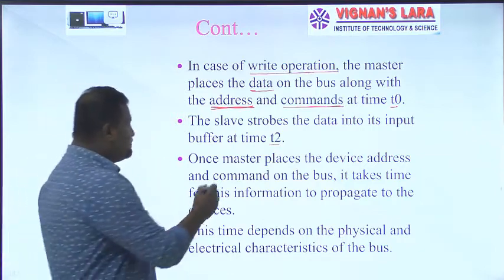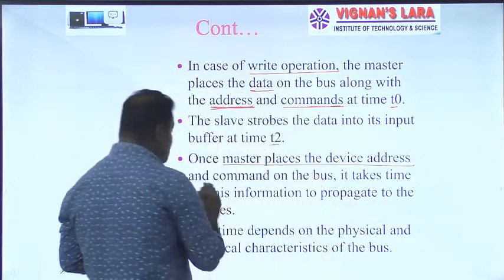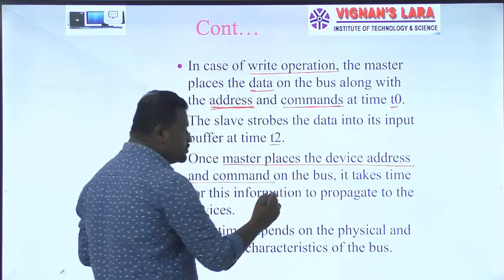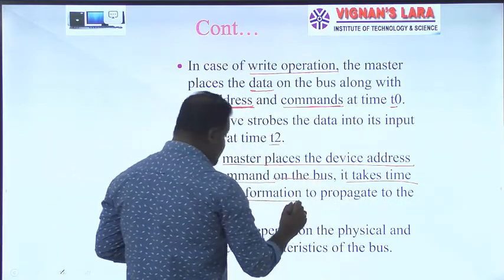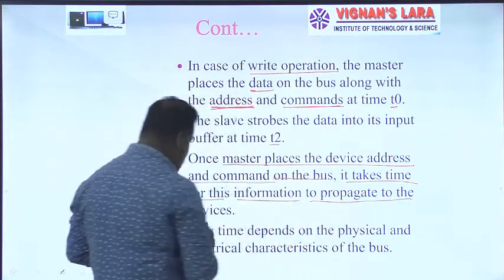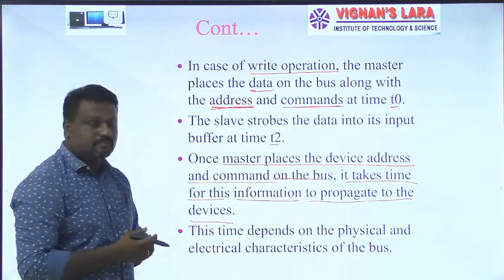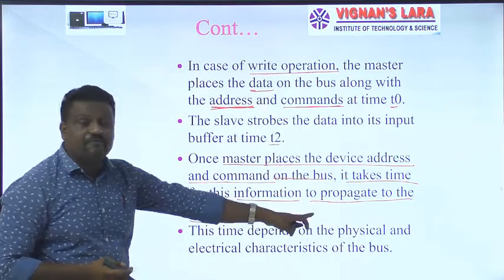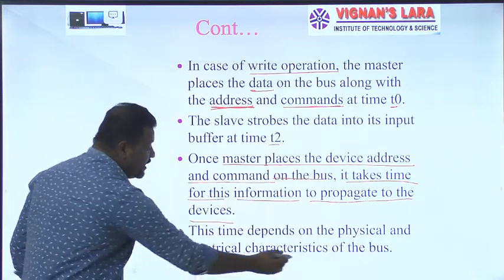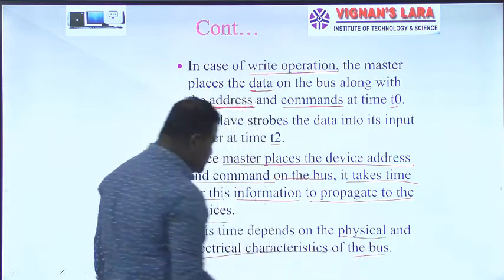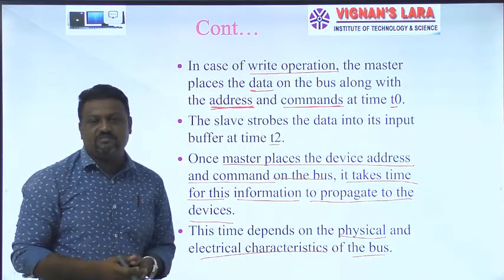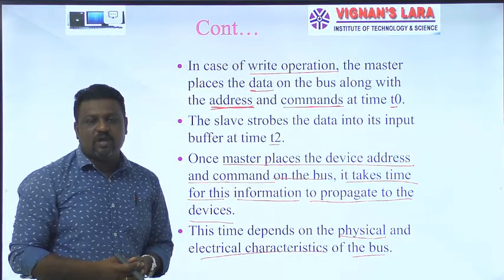So once a master places a device address and command on the bus, it takes time for this information to propagate to the devices. This time depends on the physical and electrical characteristics of the bus. So the important thing is how much time it takes.